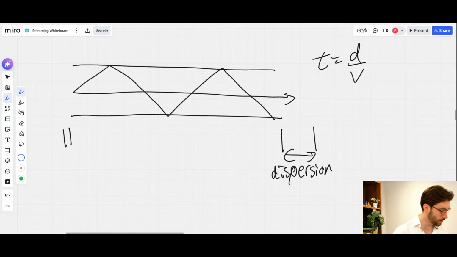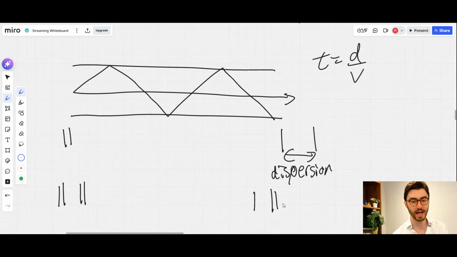Okay, so in other words, if we send two pulses in like this, and then they spread out and overlap, then the signal would interfere and we couldn't distinguish between the two anymore, and it would just break the optical fiber. So what you can do is keep the optical fiber very thin, and that reduces that dispersion and keeps your signals nice and distinct.